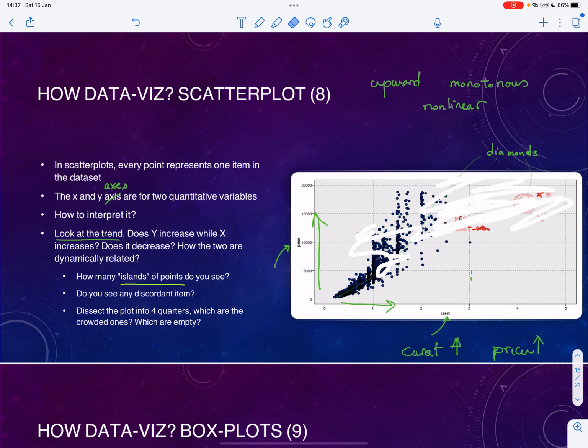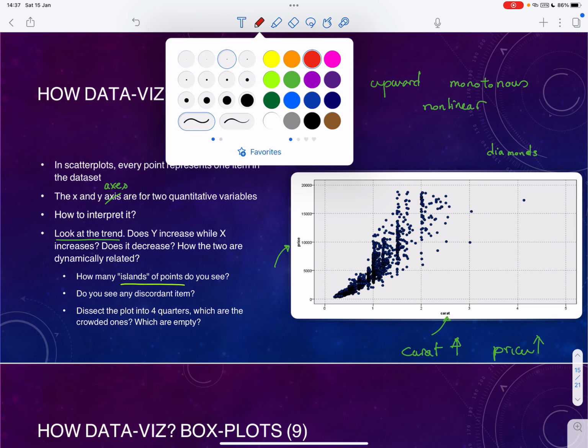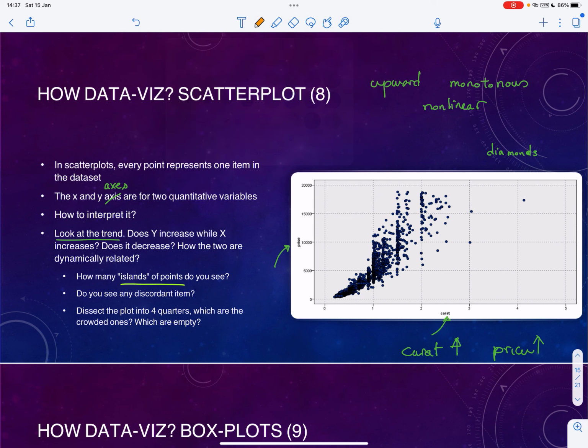Let me clean everything. If I dissect the plot into 4 quarters, what is this quarter on the right bottom? It is high carat, low price.